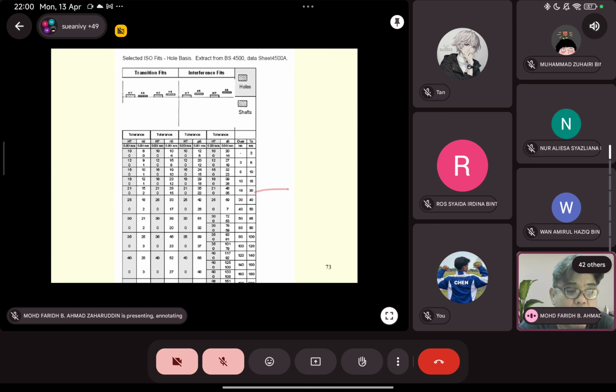This one and this one. Which one do you want to use? The top one or the bottom one? Which one, Zuhairi? Zuhairi, you have the answer? Top one. The top one.